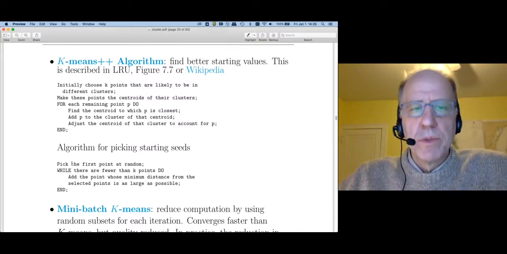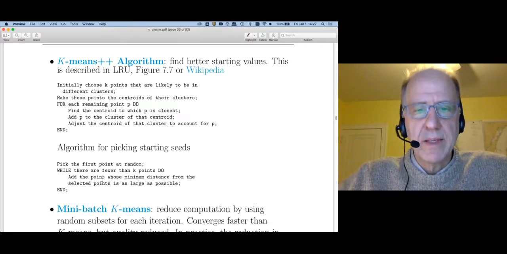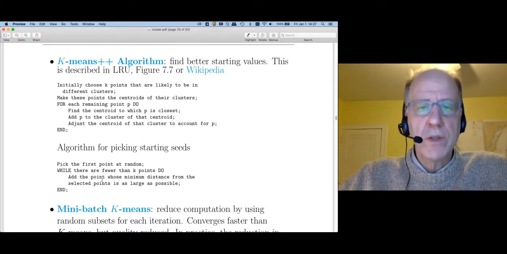The algorithm starts by picking the first point at random. Then we're going to successively go through the data set and pick an observation that is farthest away from all existing seeds.